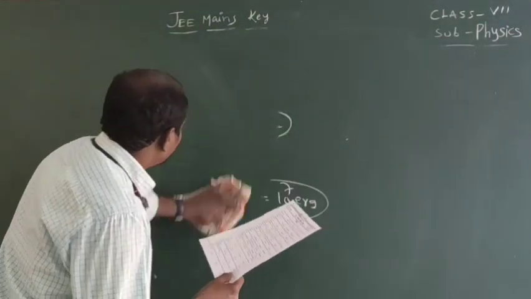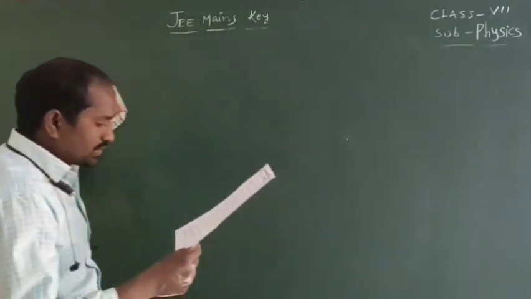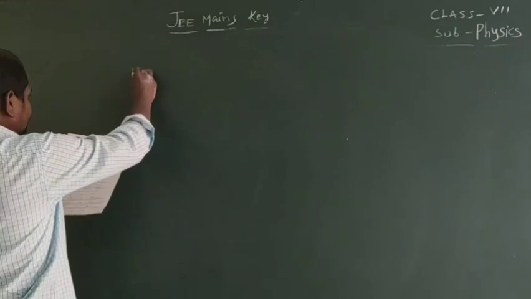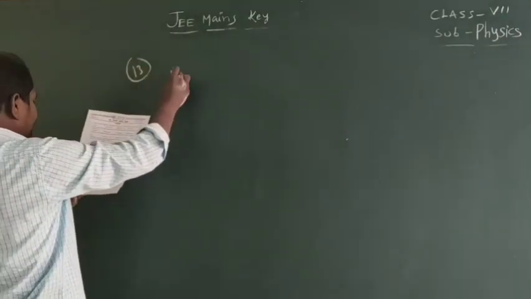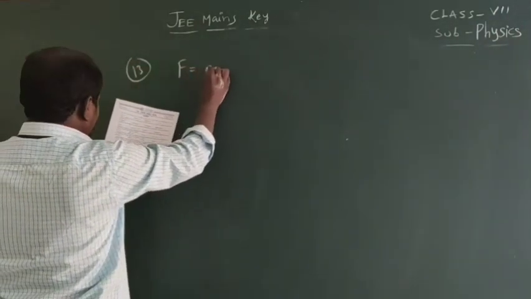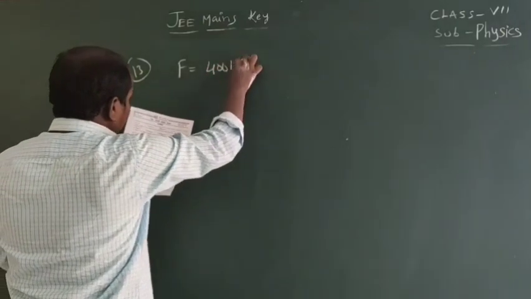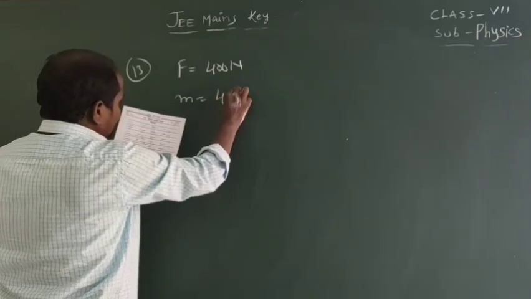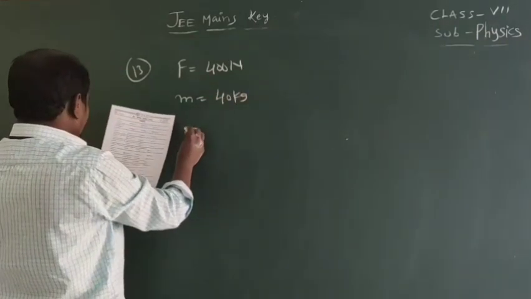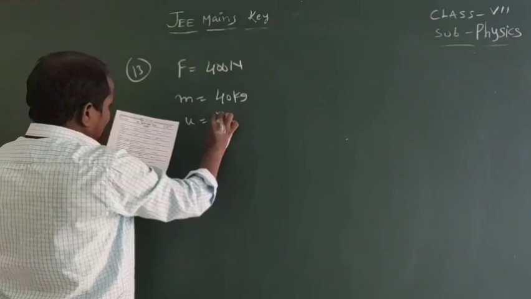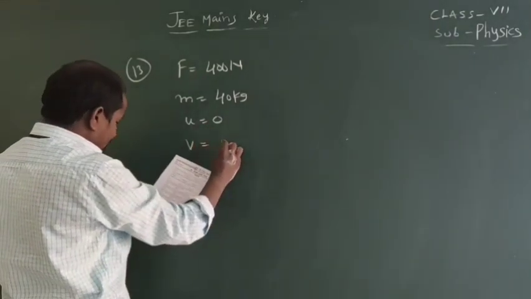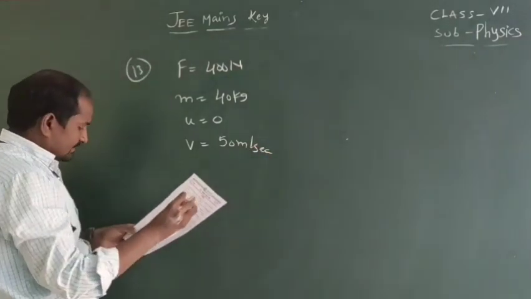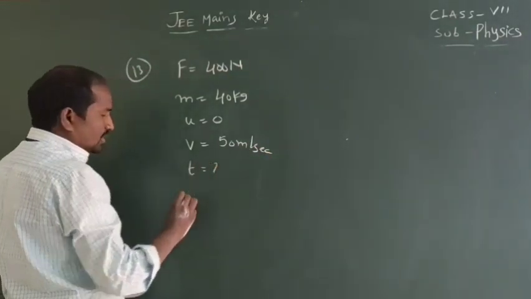Force is given, 400 newtons. The body of mass m is given, that is 40 kg. Initially the body is at rest and the acquired speed is 50 meter per second. Then find the time.